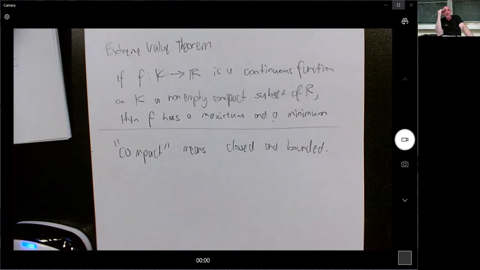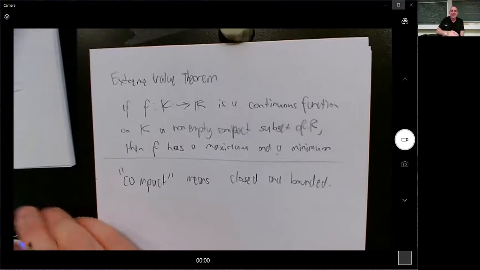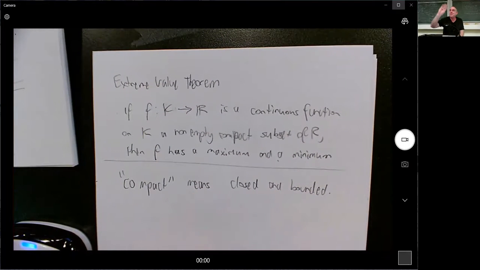The definition of compact is what? All the sequences converge to something that's in it? Or is it something else? All right. So I'm just going to leave it with that, and I'm not going to say it's defined to be, I'm just going to say that's what it means.